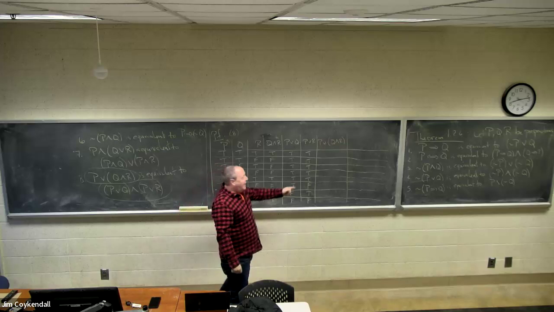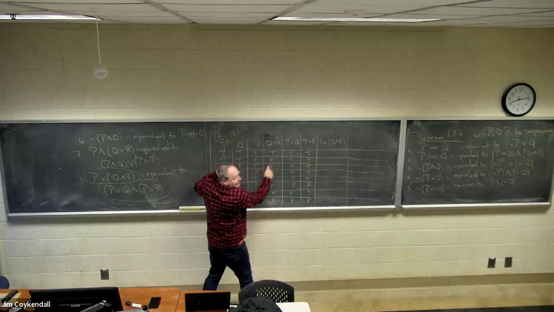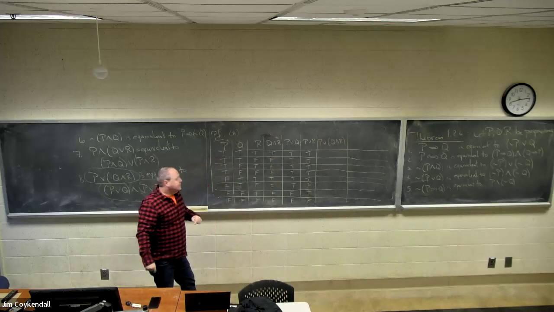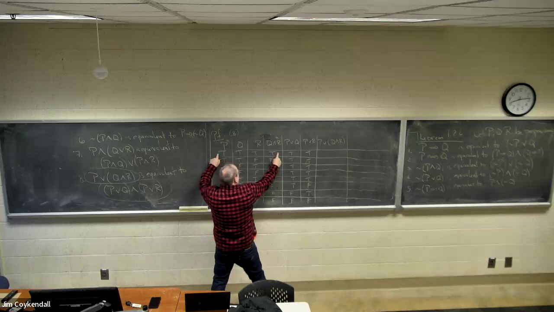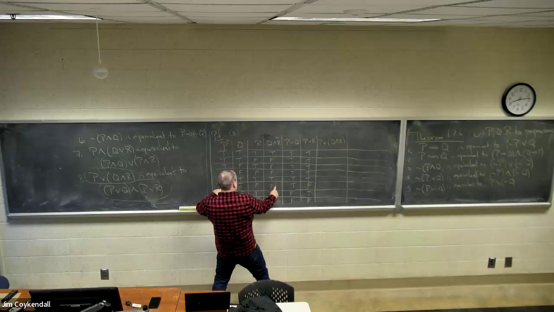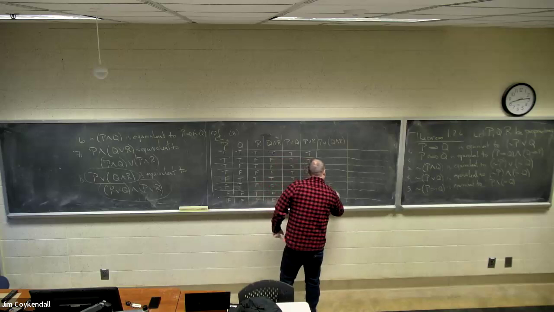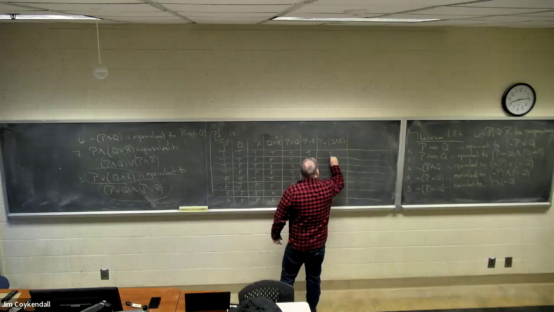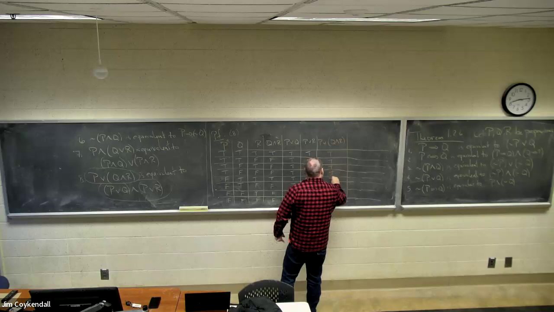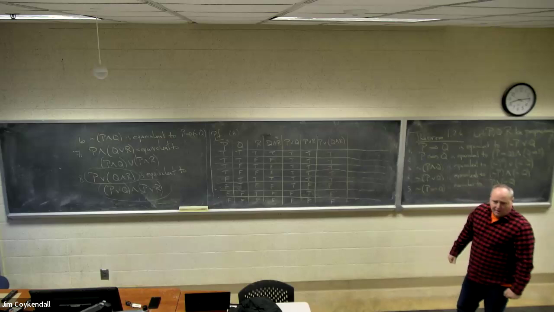So what do I need to be false over here in the orange column? I need a double false. Everybody agree with that? All right, let's check it out. When do I have a double false? Nope, nope, nope, nope, nope. There's one. There's one. Okay, so the last three are double false. So everything else is true. Okay.